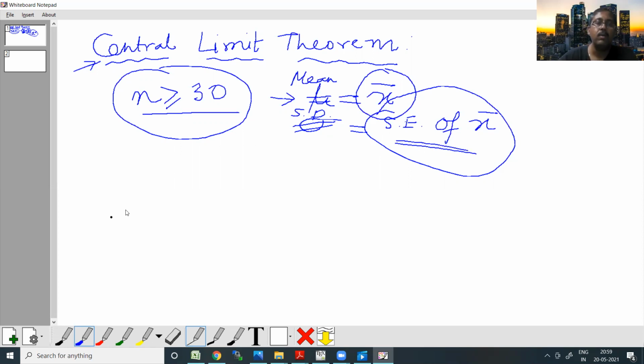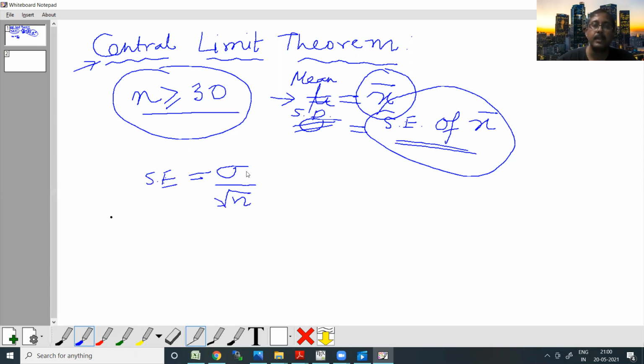Okay, now the relation between the standard error of x bar and the population standard deviation goes like this. Standard error is equal to sigma, which is the population standard deviation, divided by root over n. Sigma by root n.